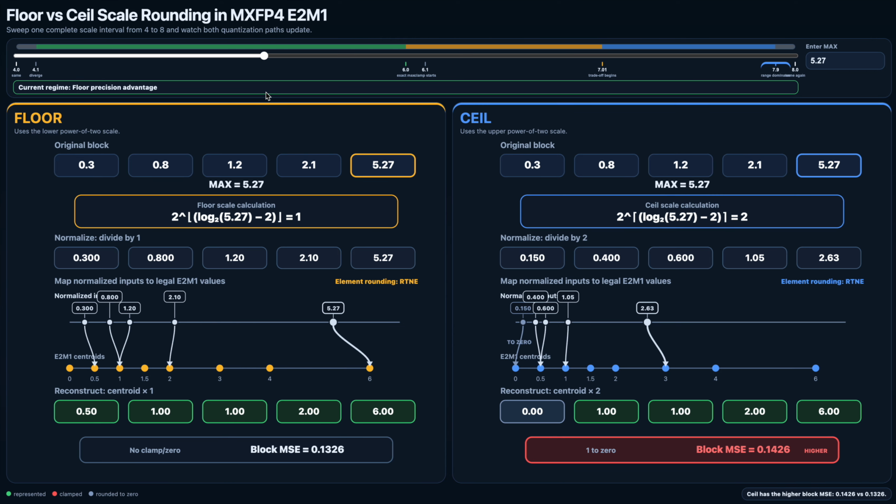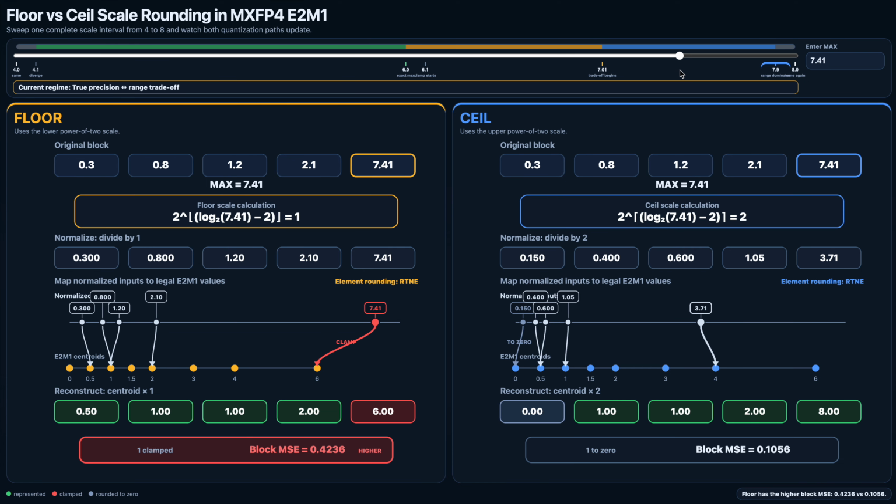In the green region, you see there is no clamping. The max value gets very nicely mapped to 6. But on the right side, on the ceiling, you see there is an underflow. The lowest value gets truncated, and that becomes 0.